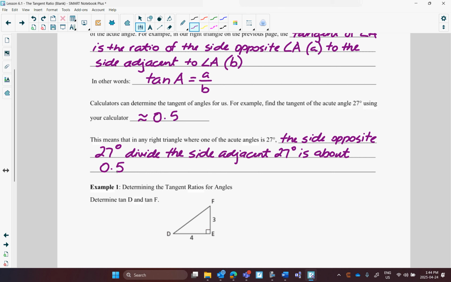Notice when we actually did it on the calculator, we got a whole bunch of decimal places. We just rounded it. That's sort of the basics.